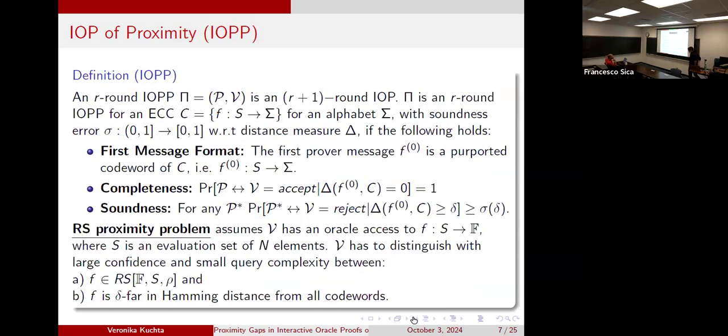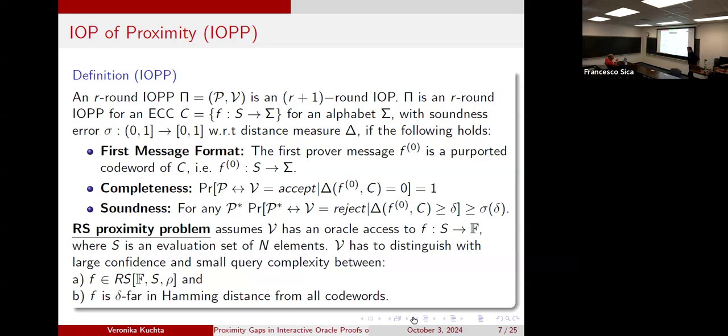Okay, and a generalization where researchers were looking at later. The generalization of IOPs, interactive oracle proofs, is an interactive oracle proof of proximity.